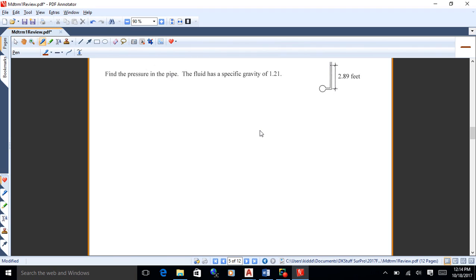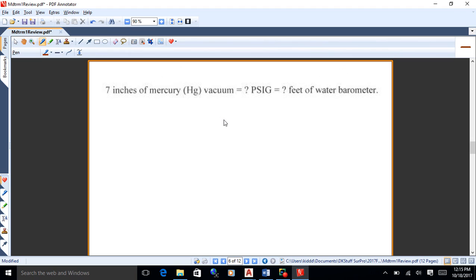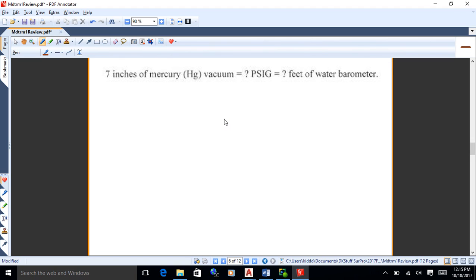Find the pressure in the pipe. The fluid has a specific gravity of 1.21. Okay. And I'll see if I get the answers for these up on Moodle maybe later today. Why don't I try and do that? 7 inches of mercury vacuum equals how many psig and how many feet of water barometer?